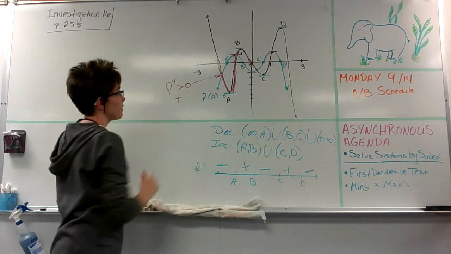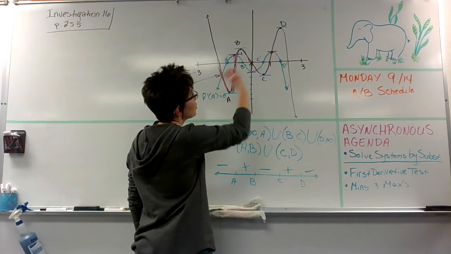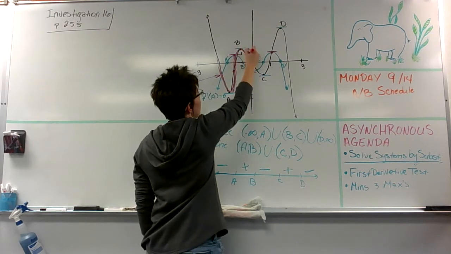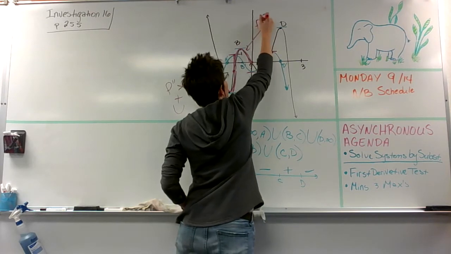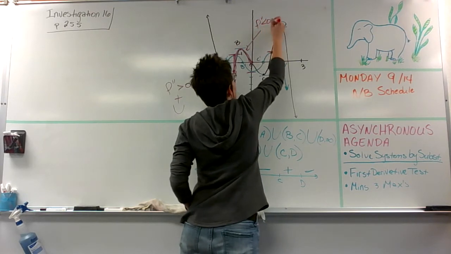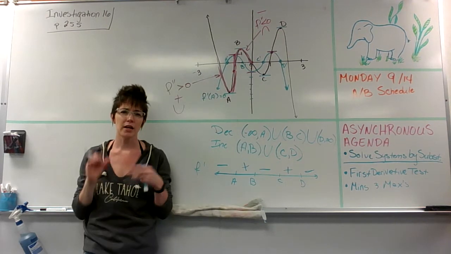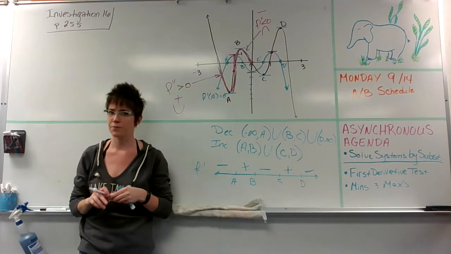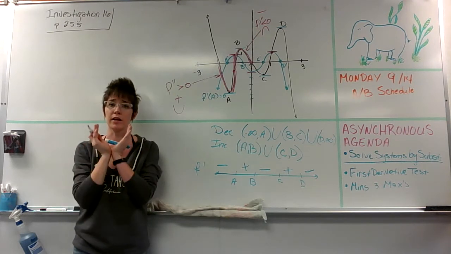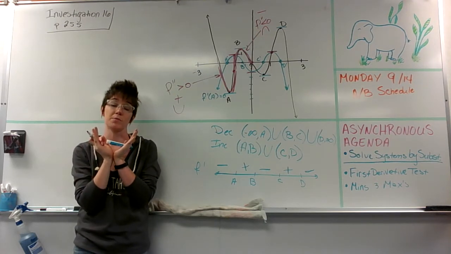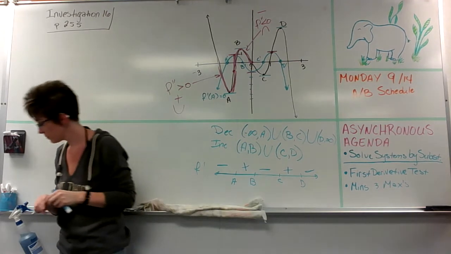And then anywhere that the original function is concave down, that tells me that f double prime is negative. So we can keep those running ideas in our head. Double primes tell us about concavity. Concave up means that double prime is positive. Concave down means double prime is negative.